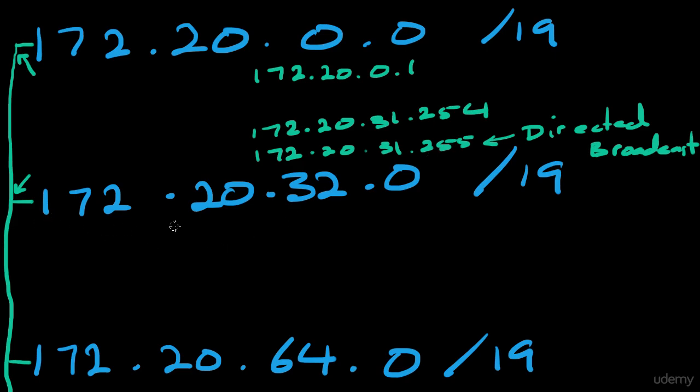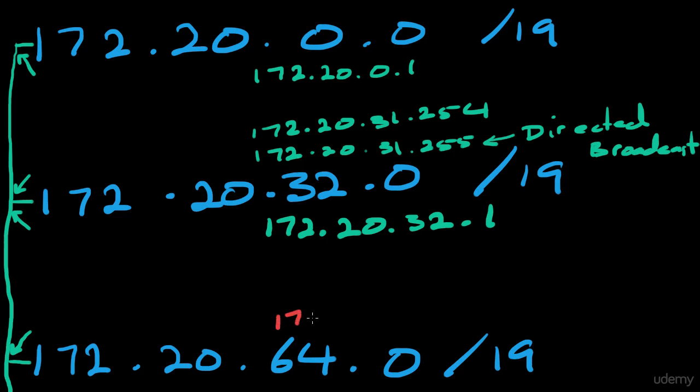Let's try this again. The next network ID is 172.20.32.0. That's my network ID. The IP that is sequentially right after that is 172.20.32.1. The IP that is right before the next network ID, 64.0, is my directed broadcast IP.